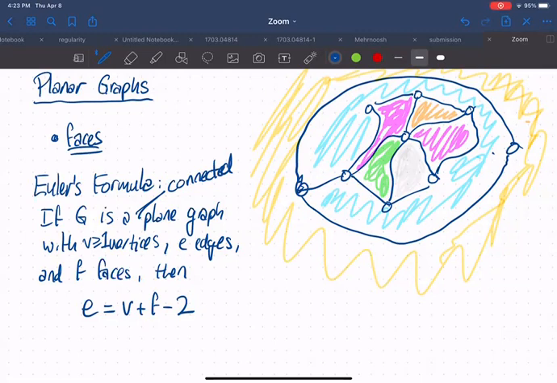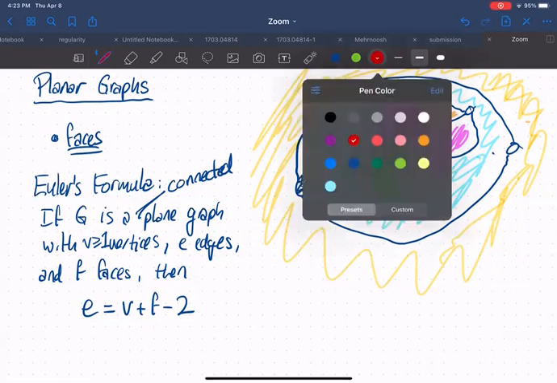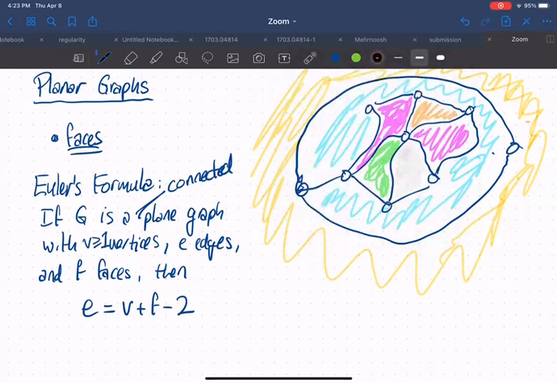So if I were to look at this graph, we should maybe check to see that Euler's formula is correct by at least looking at one example. So let's count faces first. Here's 1, 2, 3, 4, 5, 6, 7.